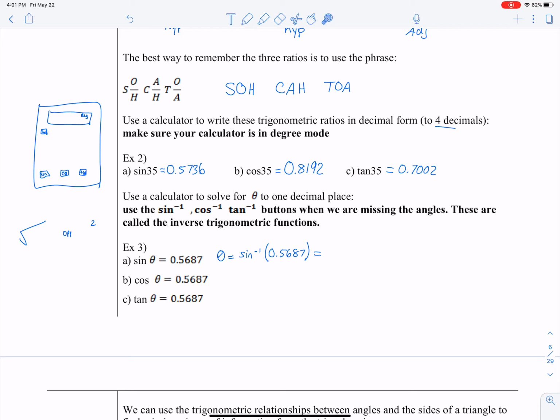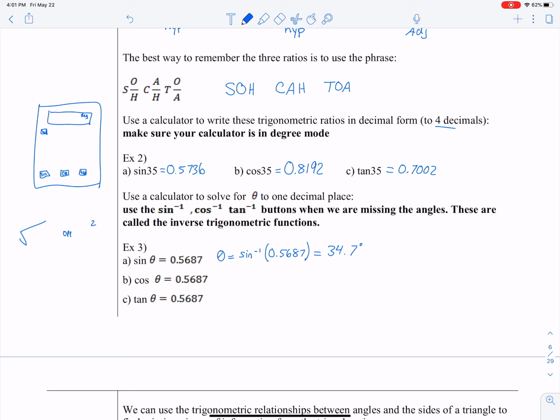Depending on your calculator, you're either going to do second sine to the -1 and then type in 0.5687 and then hit equals, or you're going to type the number in first and then press second sine to get the sine to the -1 and then press equals. You should get an answer of 34.7, and we can put the degree sign on there.